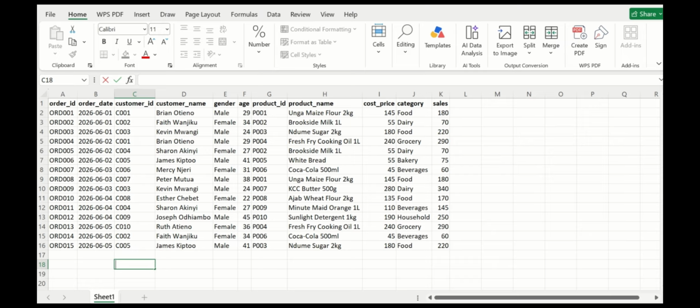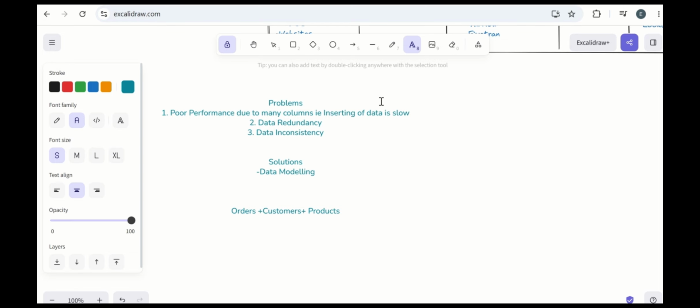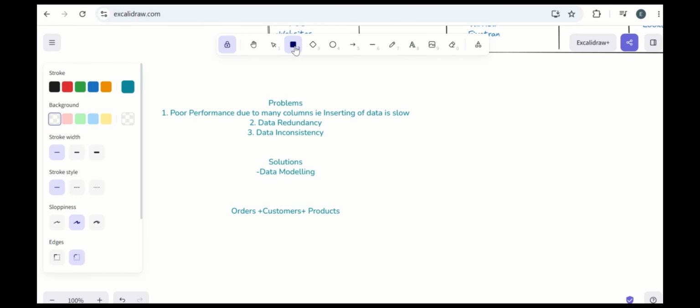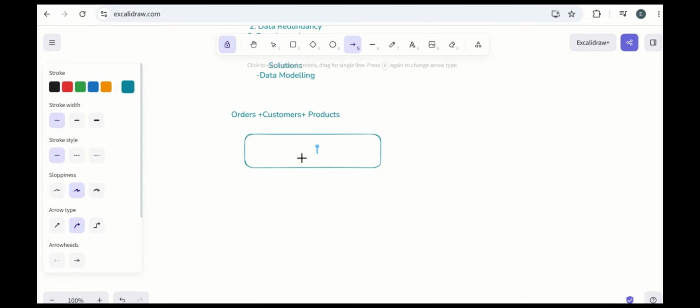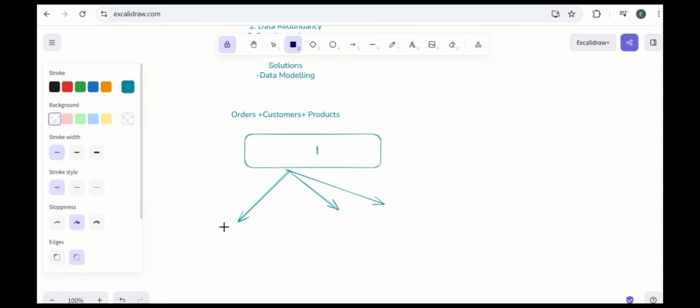So we are just breaking down this larger table into smaller tables.